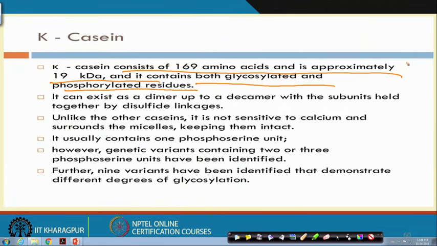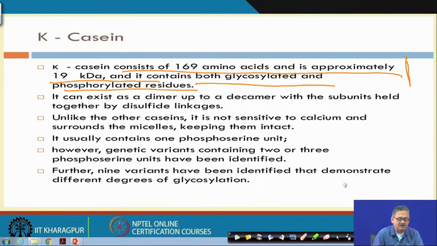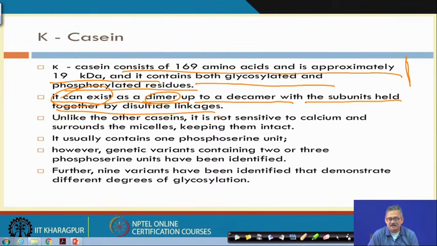Now, this is unique to kappa casein. It can exist as a dimer up to a decamer, with the subunits held together by disulfide linkage, right.